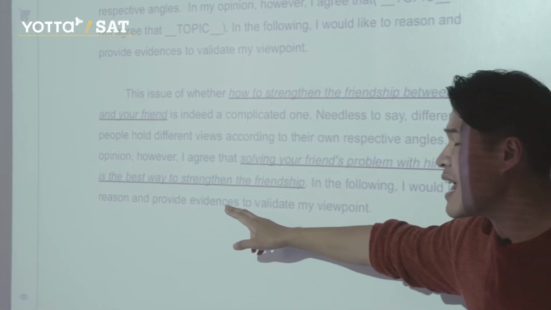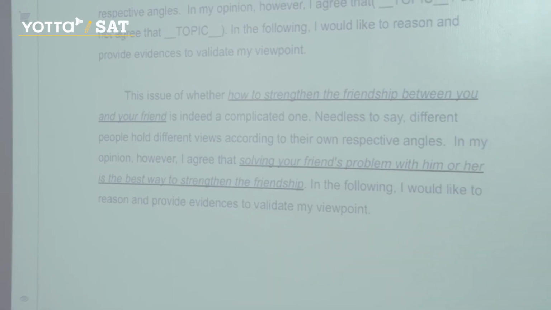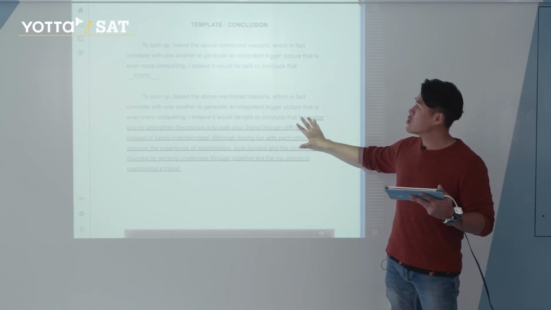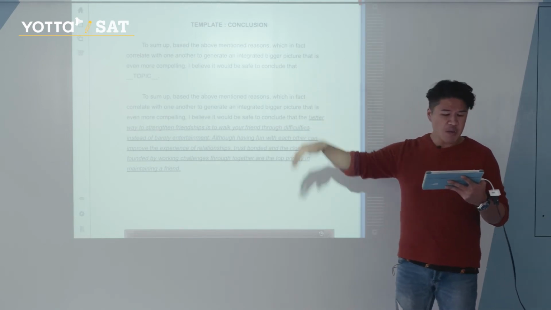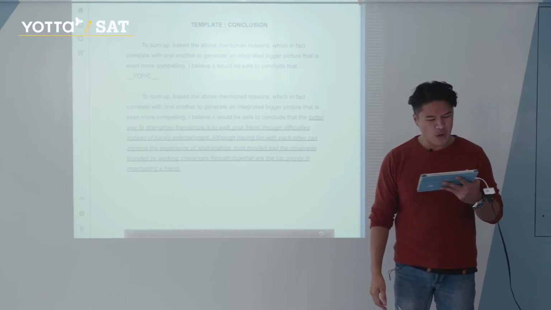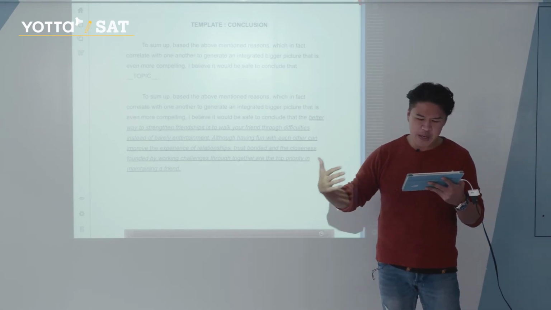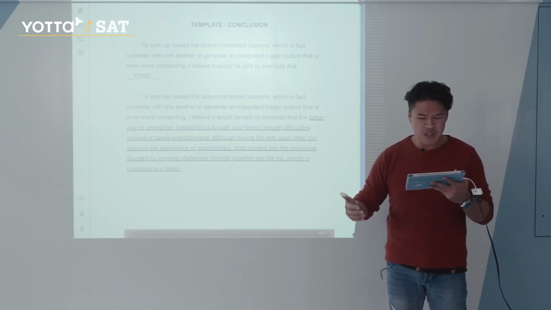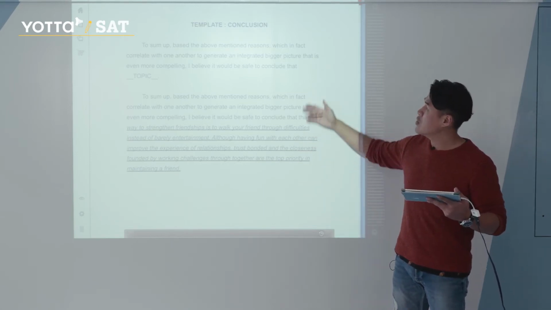The key here is evidence. You have to give examples. Last but not least is our conclusion. Our conclusion looks like this. To sum up, based on the above-mentioned reasons, which in fact correlate with one another to generate and integrate a bigger picture that is even more compelling, I believe it would be safe to conclude that, and you talk about the topic again.